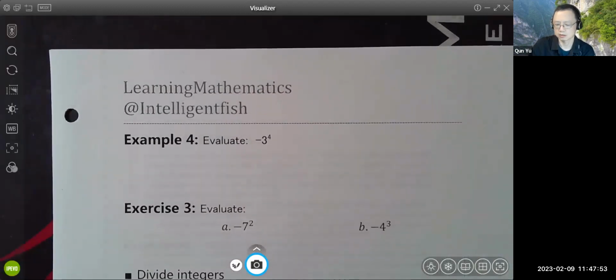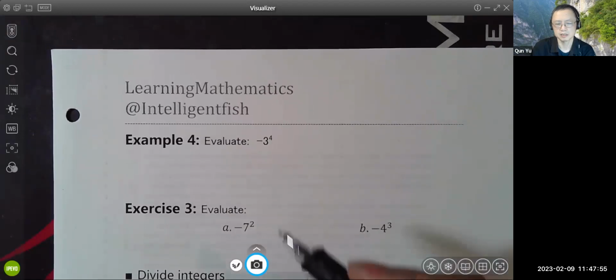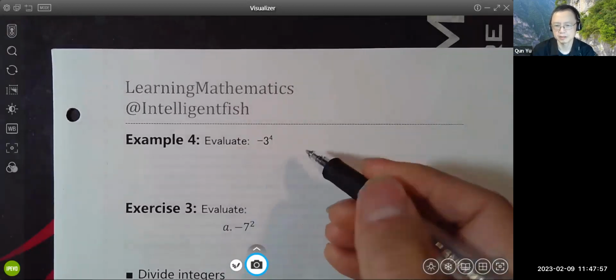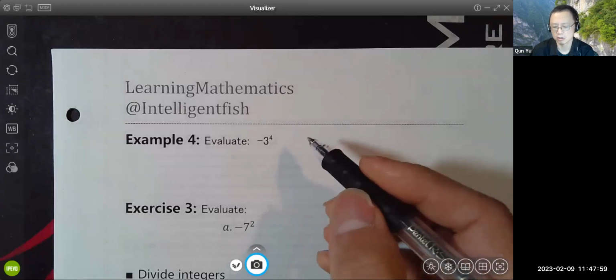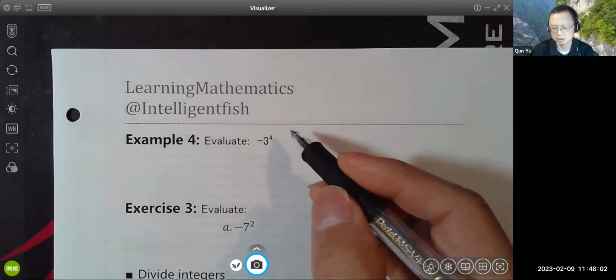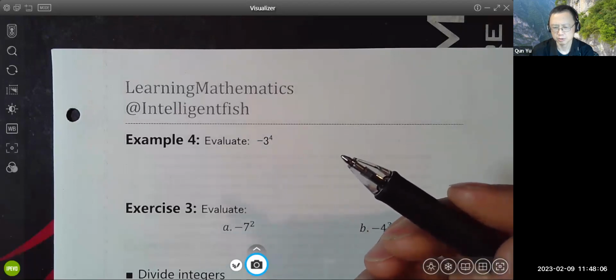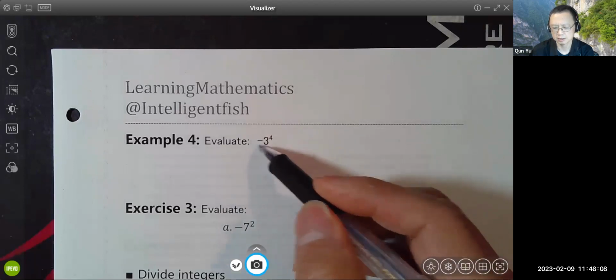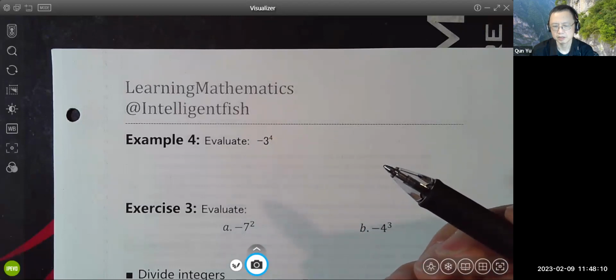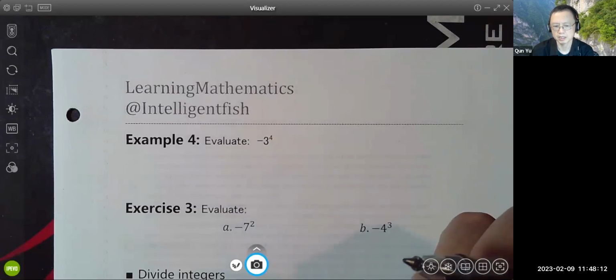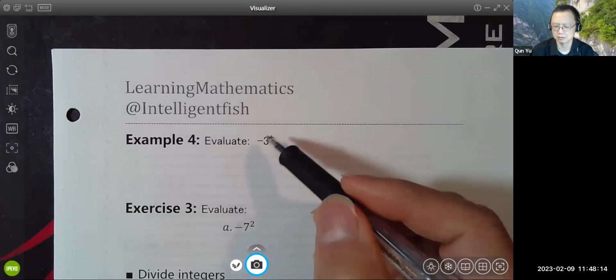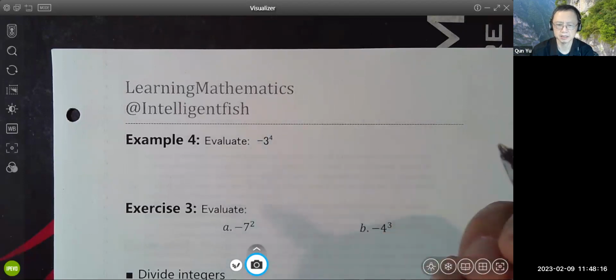Example 4. We have another evaluation problem, -3 to the power of 4. Now notice that this time we don't have the parentheses surrounding this -3. We know for an exponential operation, we multiply the base this many times indicated by the exponent, right?